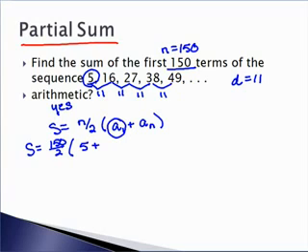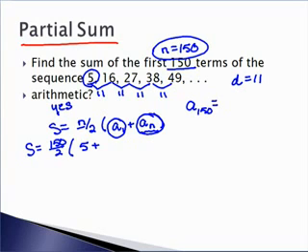But now it's asking for the value of the nth term. Well, our n was 150. So that means I have to know what the value of that 150th term is. I don't know what it is, and I certainly don't want to add 11 150 times to figure it out. So I go back and use the formula for finding the value of the 150th term.